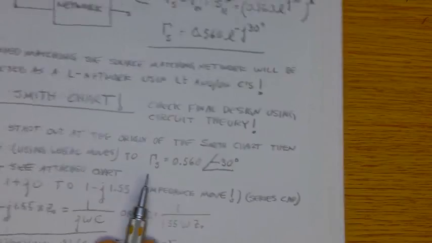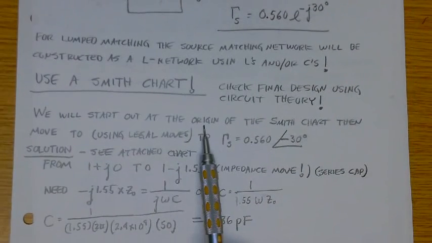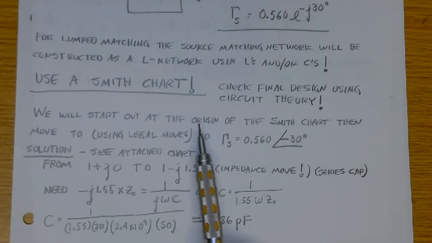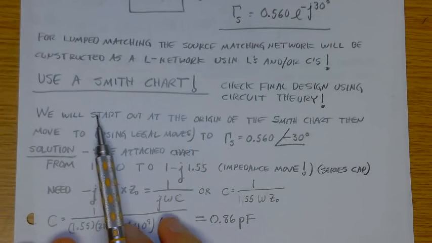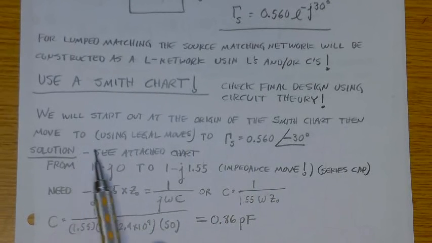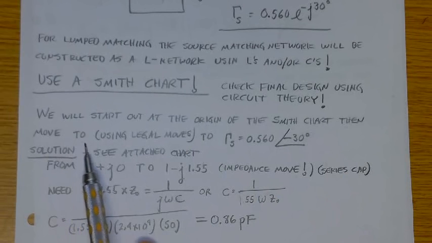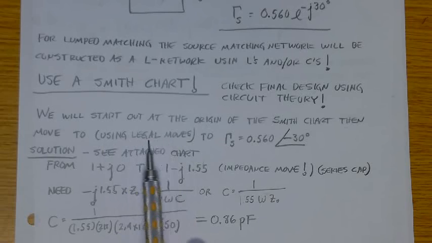So, how's this going to unfold? We'll start out using the Smith chart. What's the procedure here? We're going to start out at the origin of the Smith chart and then move around on the Smith chart using legal moves again.